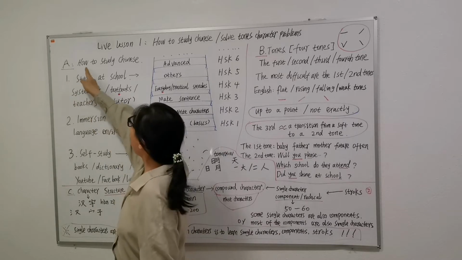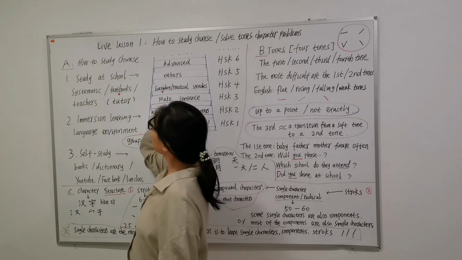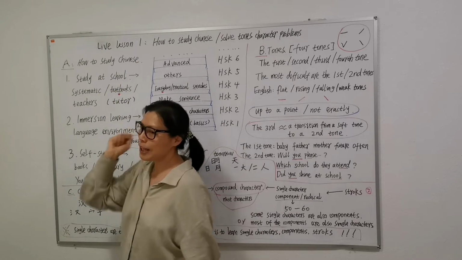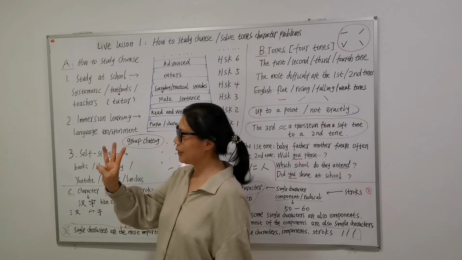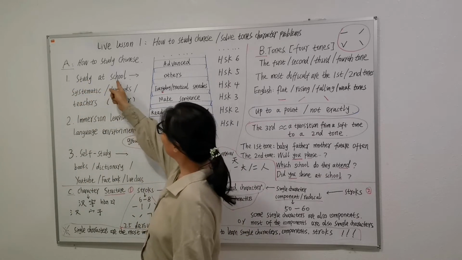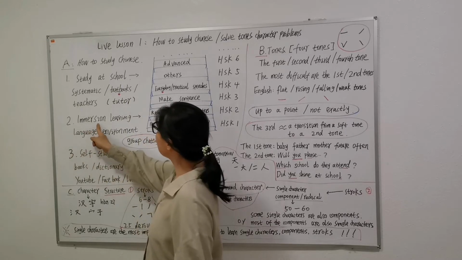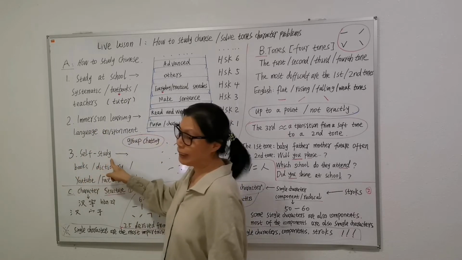A. How to study Chinese. About this, generally, there are 3 ways. First, study at school. Second, immersion learning. The third is self-study.